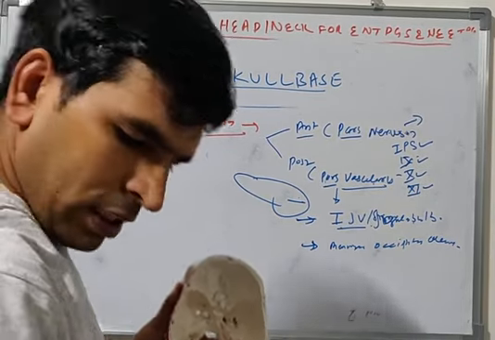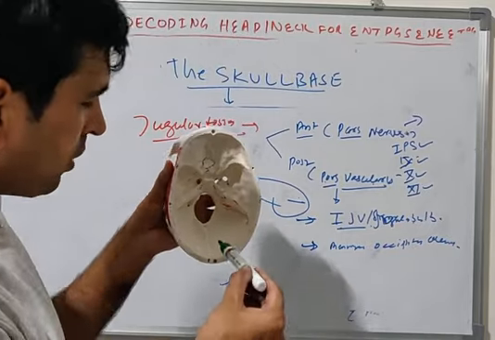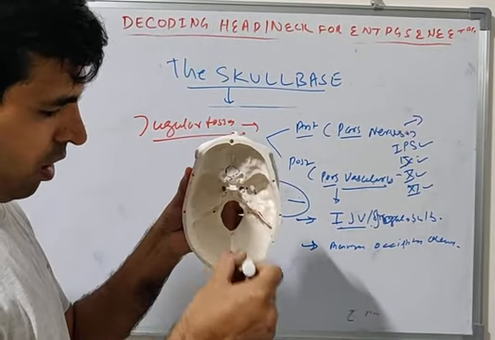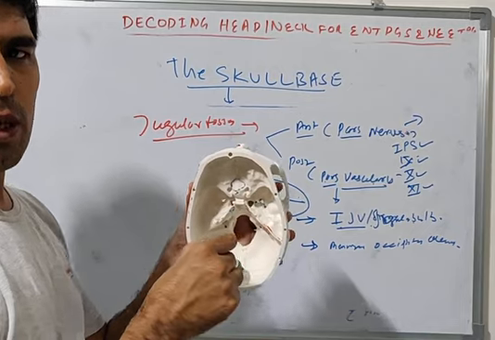Now if you see the posteriormost part of this eminence, it is called the internal occipital protuberance.